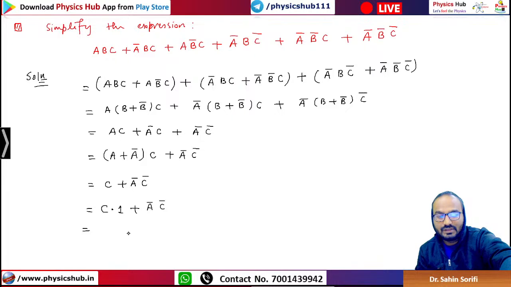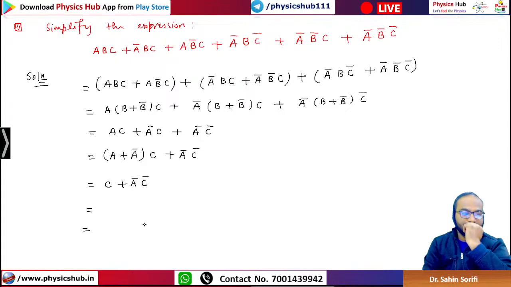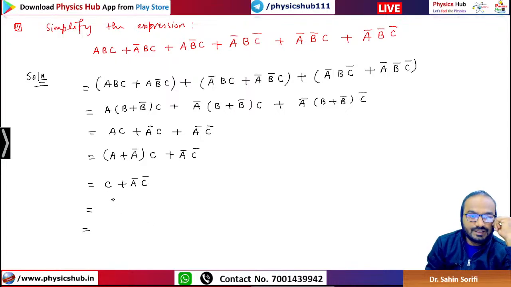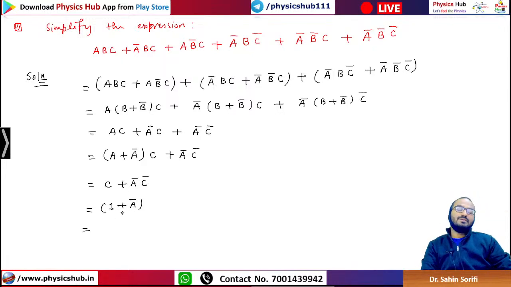Okay, so let's do another thing. If I write 1 plus A complement, 1 plus something is always 1, right? If any of the inputs is high, the output is high for an OR gate, so we can write it in this way.